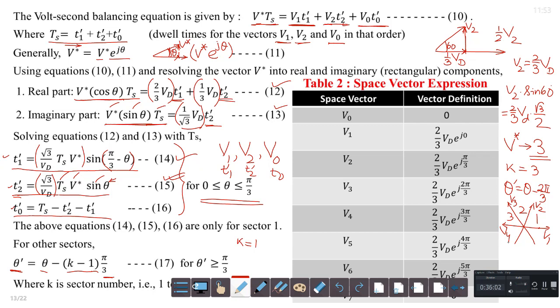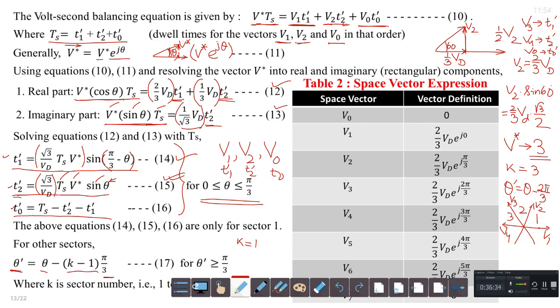So, we apply V3 for a time duration T1 dash, V4 for a time T2 dash and V0 for a time T0 dash. Now, these T1 dash, T2 dash, T0 dash are obtained from equations number 14, 15 by replacing theta by theta dash, where theta dash is theta minus 2 pi by 3. In the same way it is extended for all sectors.